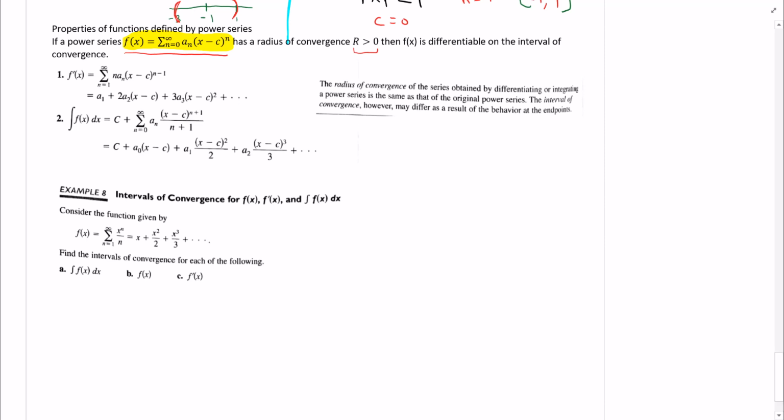Then we can actually take the derivative and the integral of it. And because it's just a polynomial, all we need to use is power rule. So if you take the derivative of this thing I've highlighted in yellow, this n would come down and make n a_n times (x minus c), and then we would raise it to the n minus 1 power. That's all this is saying: we can just use power rule to find the derivative of the power series.